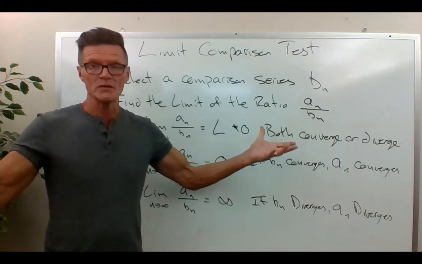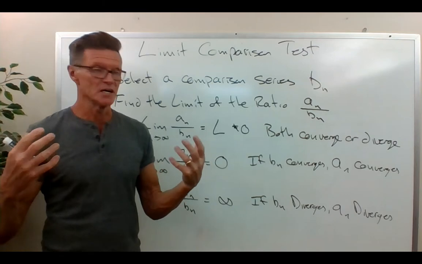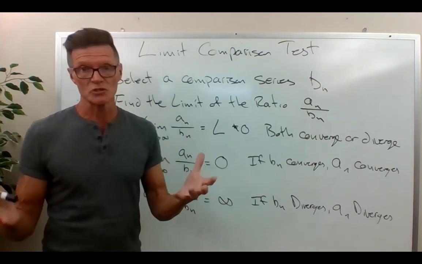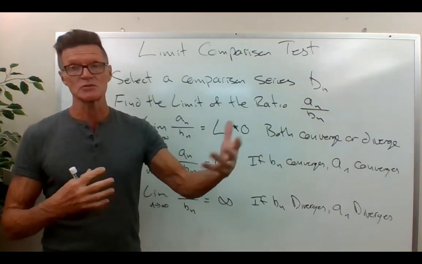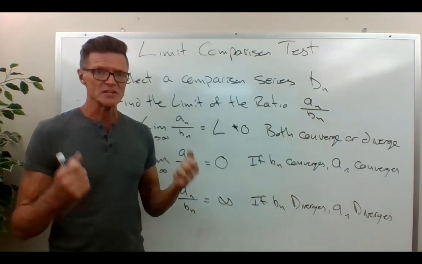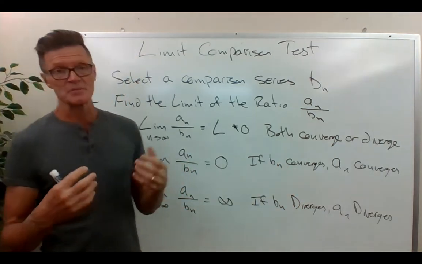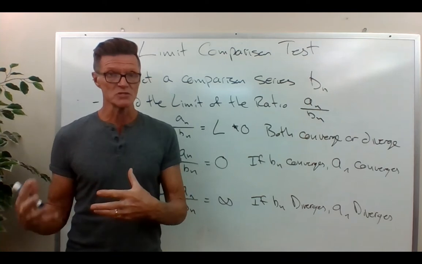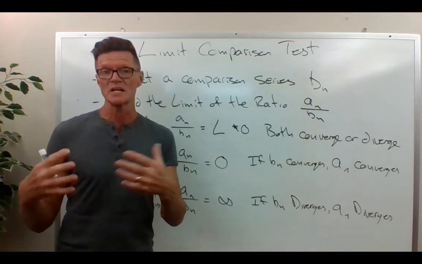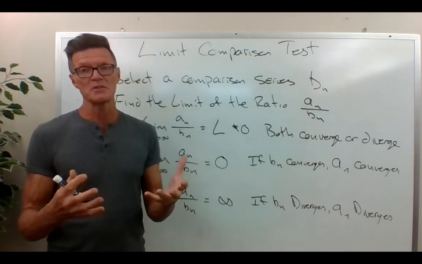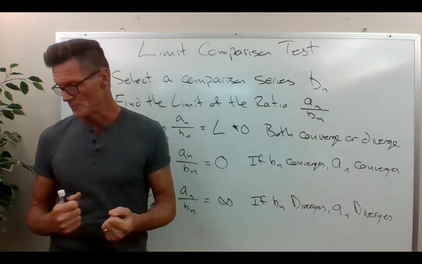Again, we don't know anything. This test is inconclusive, and we need to go on to a different test. So those are the three scenarios. I'm going to do a couple of examples out of my notes. The examples are already in my notes, but I'm going to do them on the board and explain a little bit more.